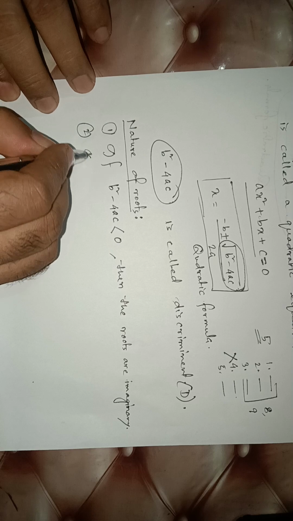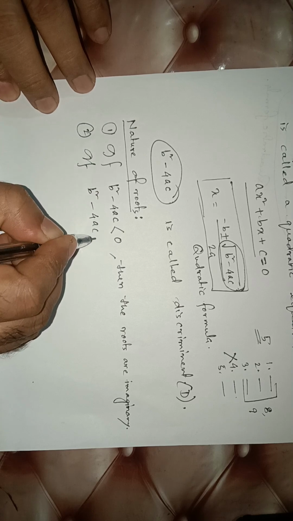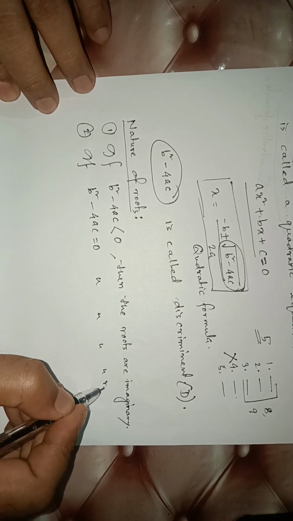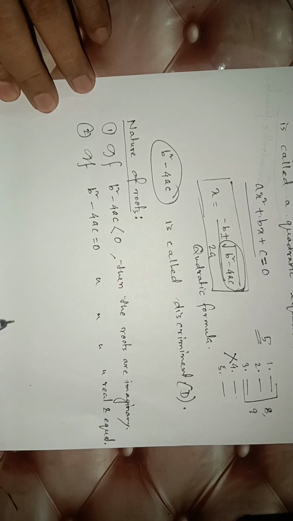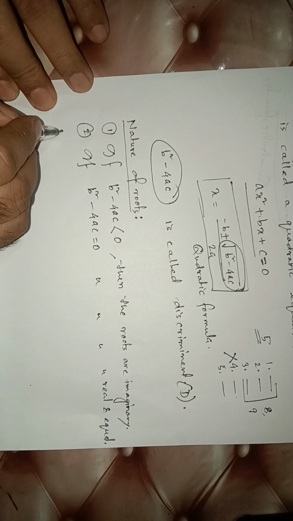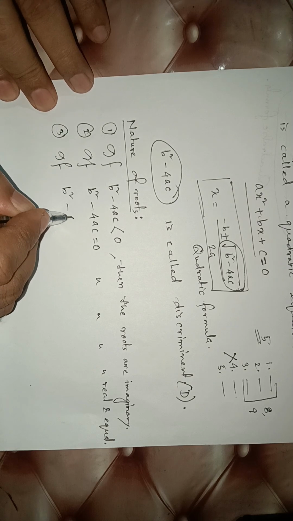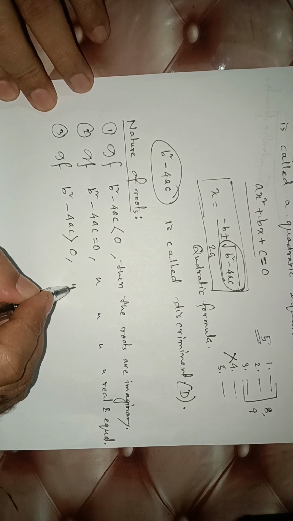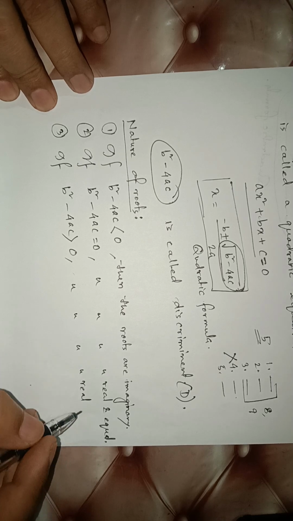Condition number 2: if b square minus 4ac equal to 0, then the roots are real and equal, or repeated. Option number 3: if b square minus 4ac is greater than 0, then the roots are real and distinct, that is different.